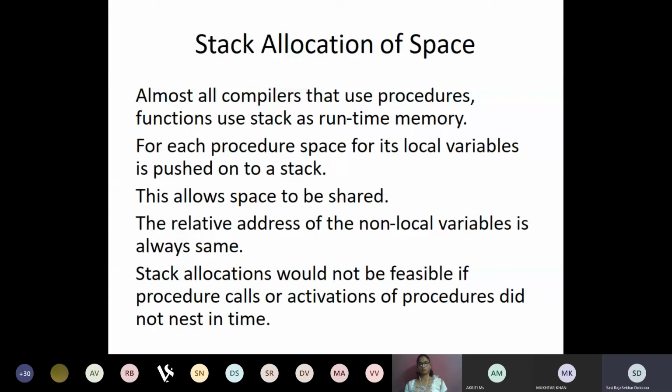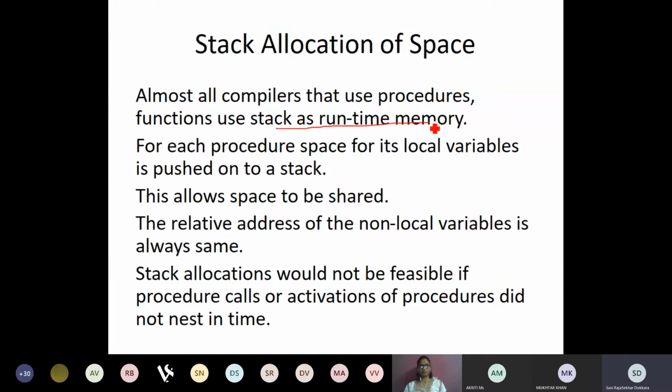We'll start with stack allocation first, and then we will move on to heap allocation, and finally we will be discussing garbage collection. So coming to stack allocation of space, all the modern day compilers that use procedures and functions, which have a modular way of performing an activity or a program, all use stack as runtime memory.